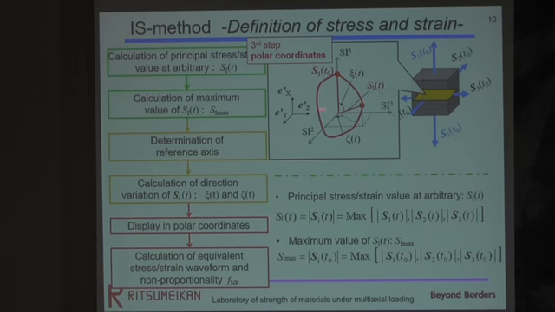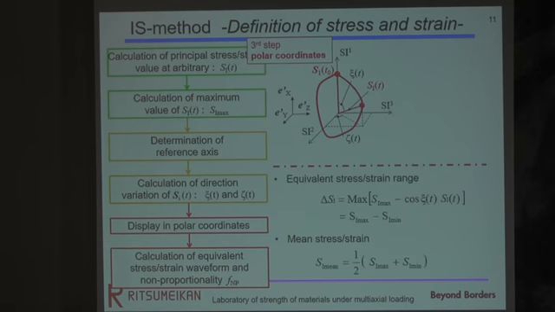And the magnitude of the loading is given by the already calculated principal stress and strain value. This magnitude can also be mid stress, that is okay. And this loading path is projected onto this reference axis.